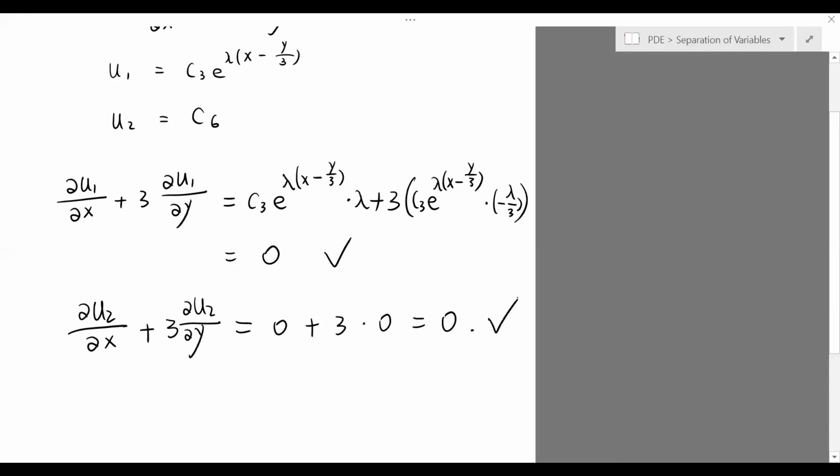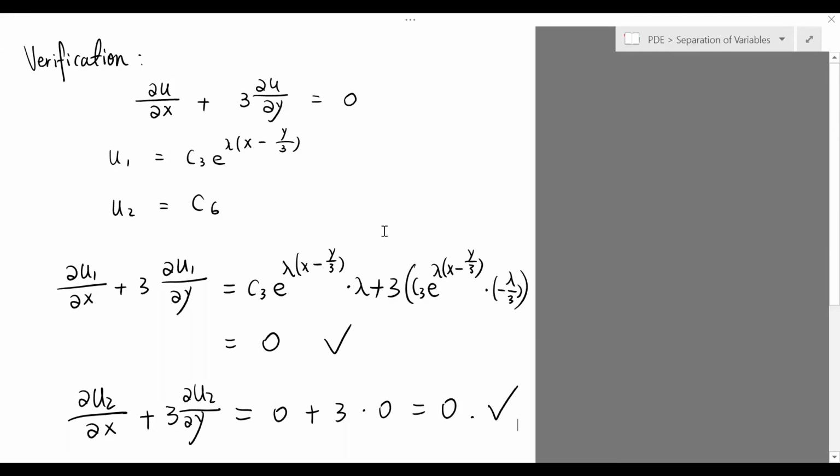So the outcome must also be 0. So we have checked our solution and verified that we do end up with some solution of this partial differential equation. And that's the first example in using the separation of variables method to solve the equation.